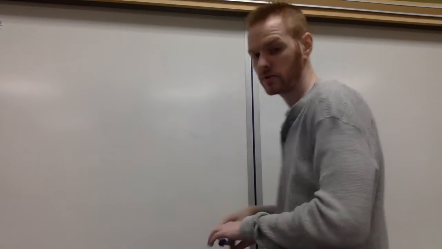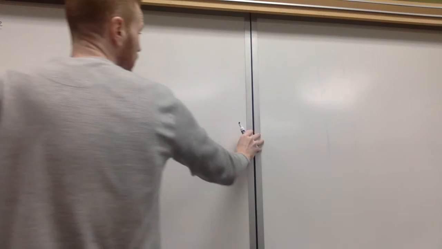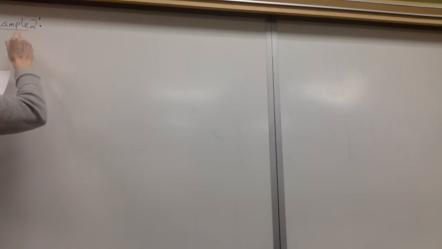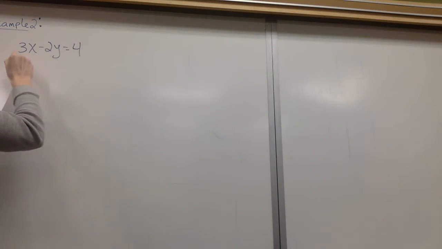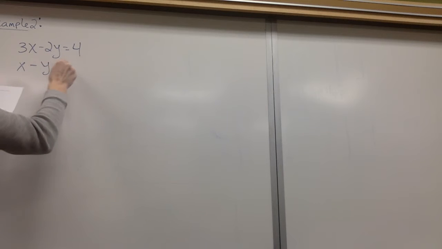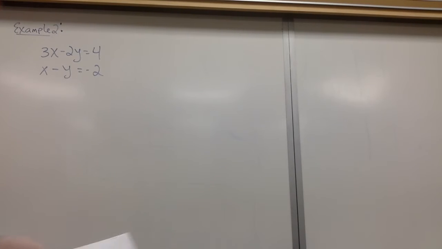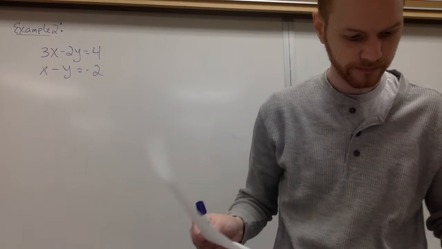Okay, so here we go. Example 2. So 3x minus 2y equals 4. x minus y equals negative 2. Okay, that's what we're going to try and solve for this time.